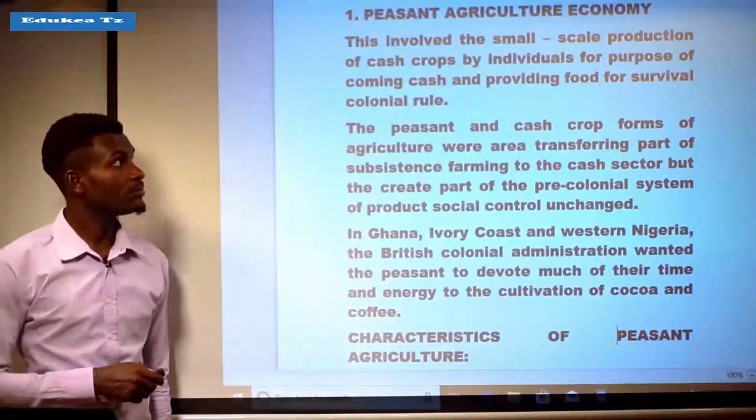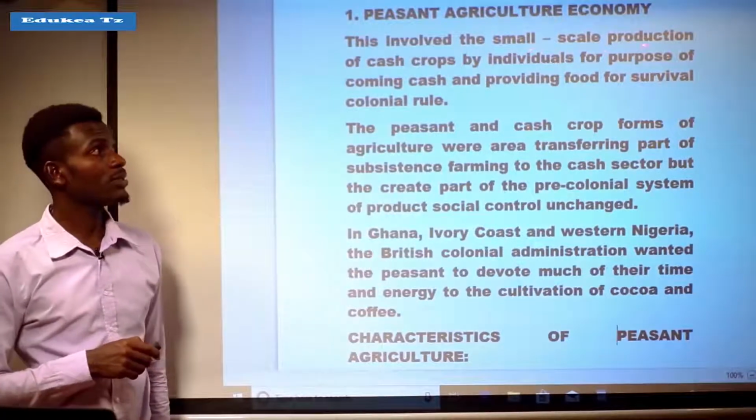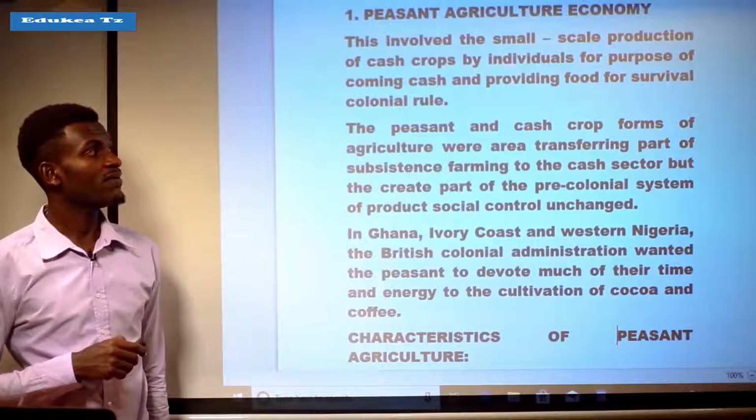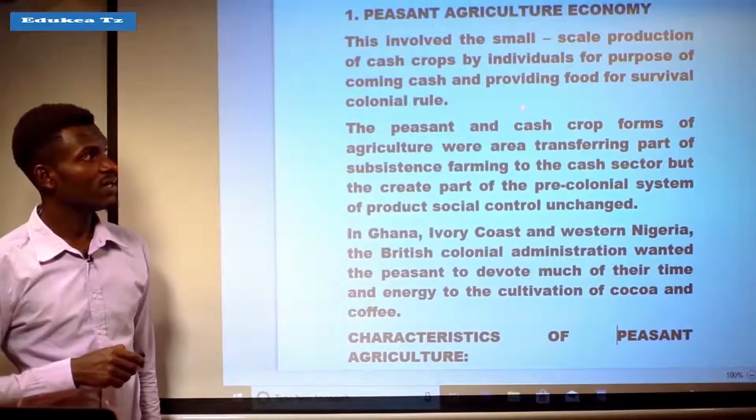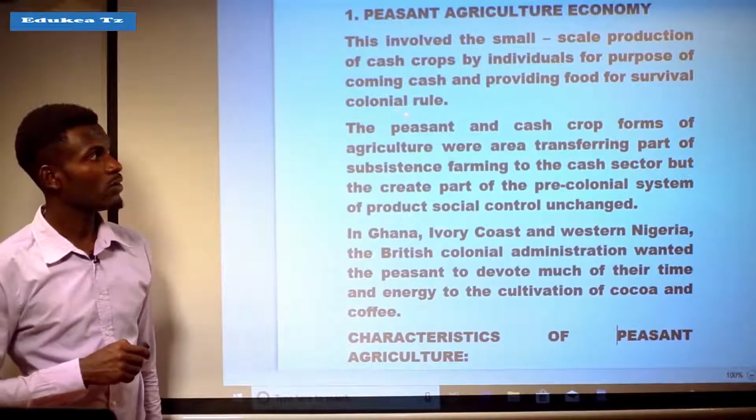The peasant economy. This involved the small-scale production of cash crops by individuals for the purpose of earning cash and providing food for survival during colonial rule.